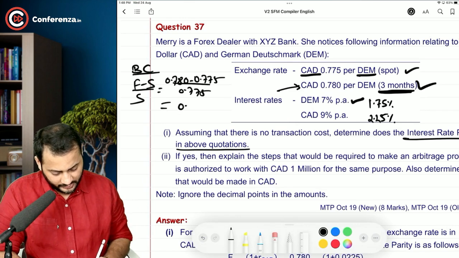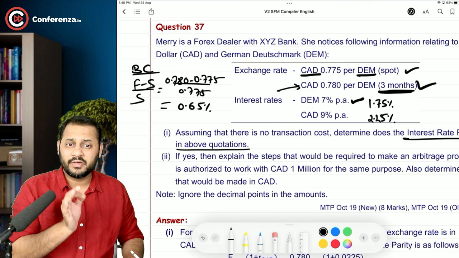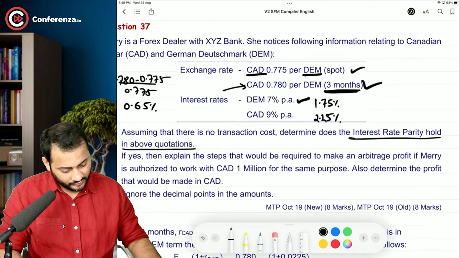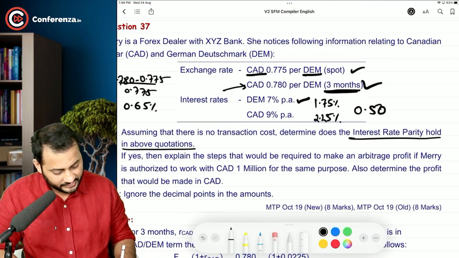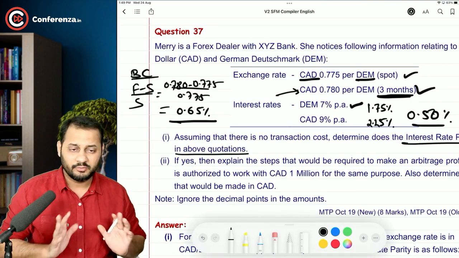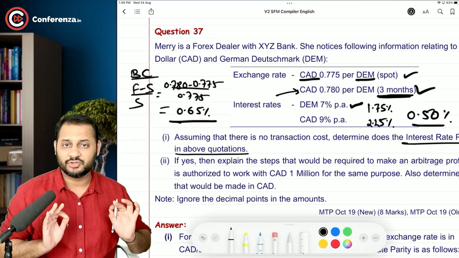That comes to 0.65%, right? This is the premium in Deutschmark. And what is the interest rate differential? 2.25 minus 1.75. The interest rate differential is 0.50. Both of them are not matching, right? Both of them are not matching, and hence the interest rate parity theory does not hold true.